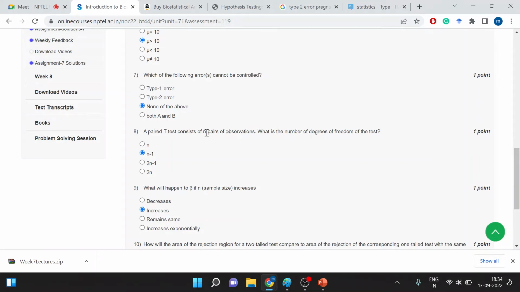So 19 is 20 minus 1, so n minus 1. Is that okay with everyone? So it's basically the minimum information you need to tell me about the remaining data set from where those observations are coming from. Is that okay?